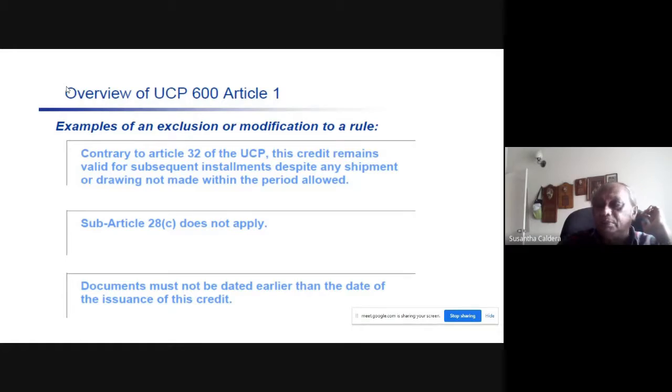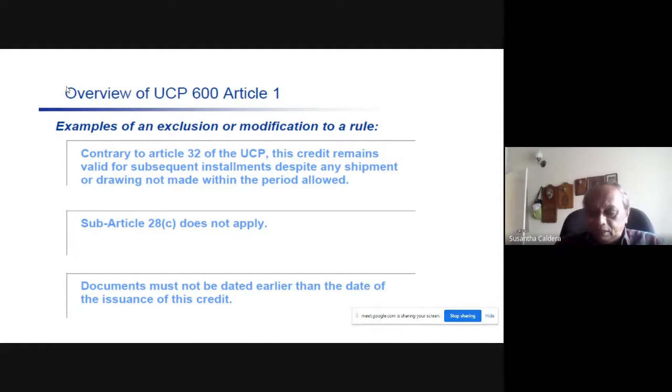It is subject to UCP 600 excluding Article 32. Article 32 is about shipment or drawings in installments. We are not going to use that one. When we are opening LCs for revolving LCs, then we have to omit that one, right? So it is very important.